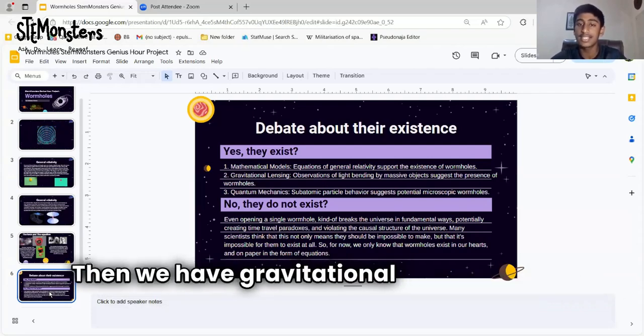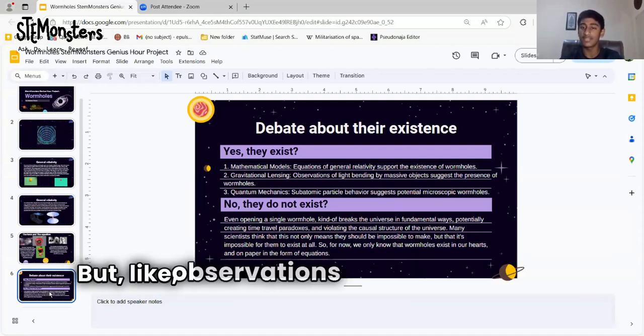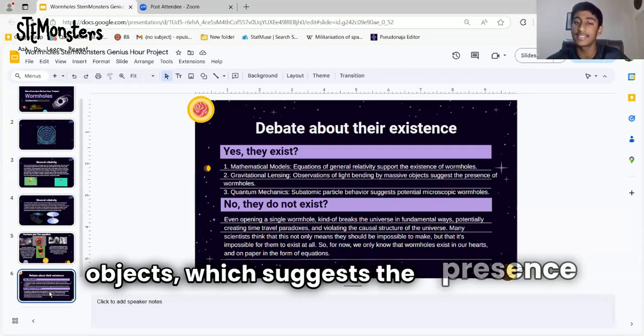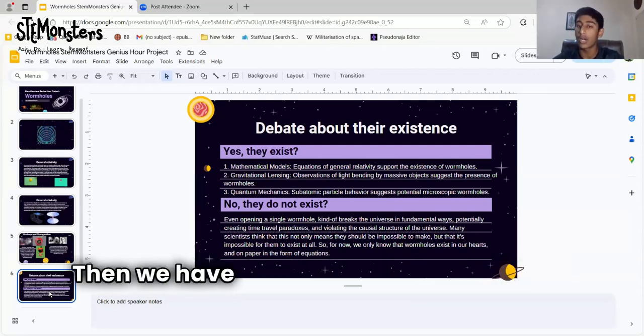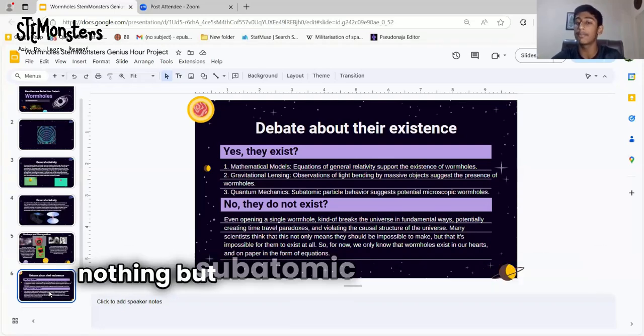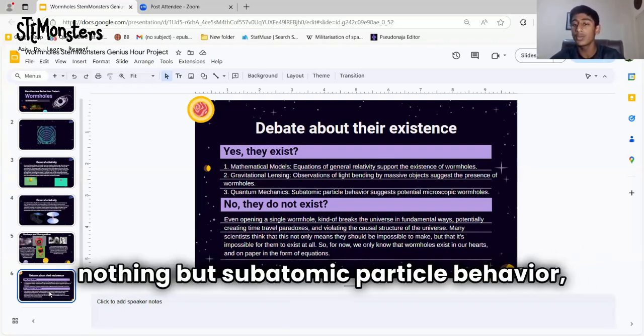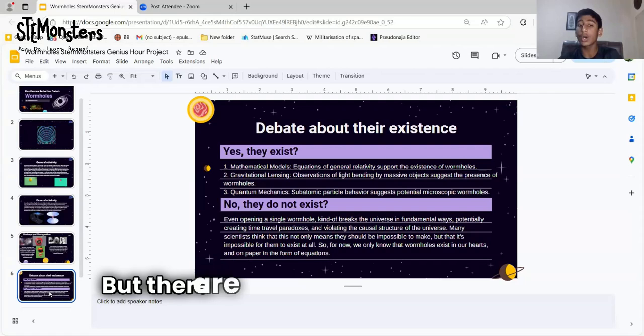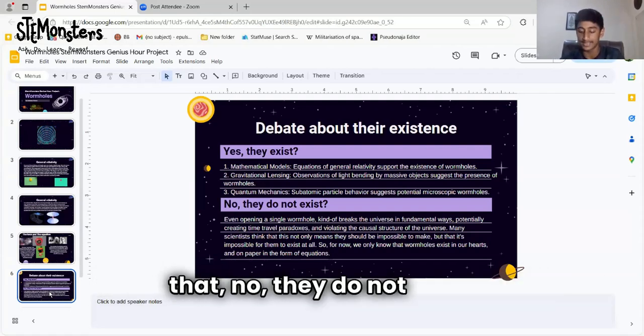Then we have gravitational lensing, which is the observation of light bending by massive objects, which suggests the presence of wormholes. Then we have quantum mechanics, which is subatomic particle behavior, which suggests the potential of microscopic wormholes. But there are also people who believe that no, they do not exist.